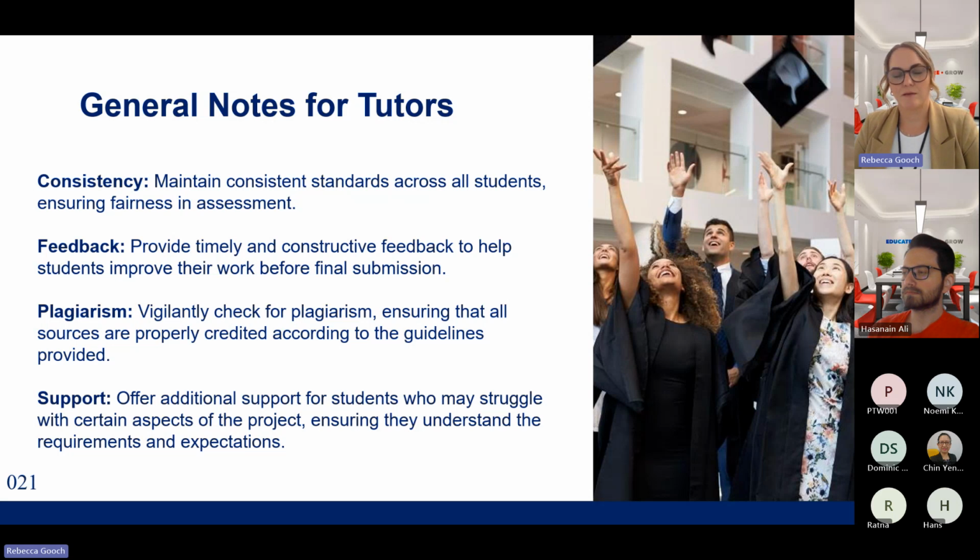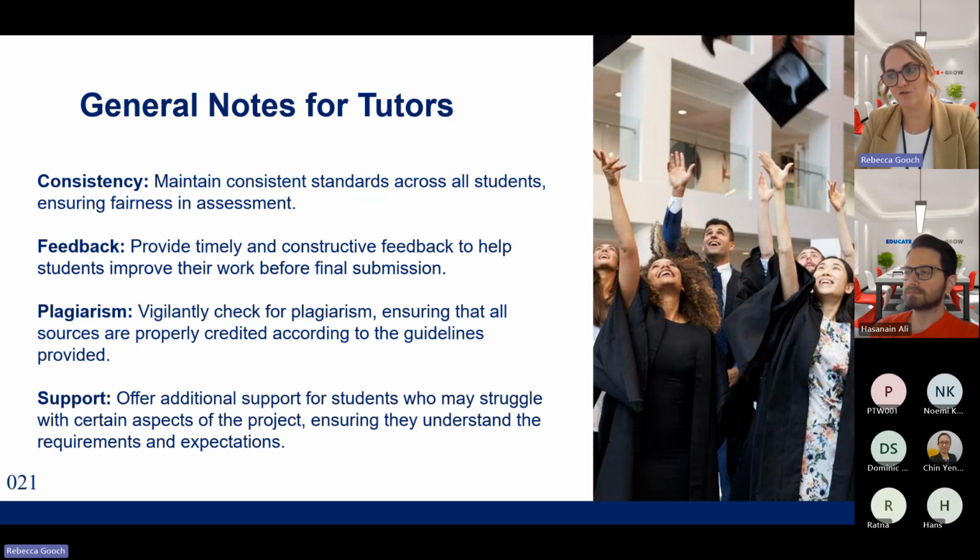Feedback is really important within these units and other units, to provide timely and constructive feedback to help students improve before their final submission. Plagiarism, I can't stress enough, make sure it's vigilantly checked, that all sources are cited properly, and that they're using the Harvard reference system and references appropriately.